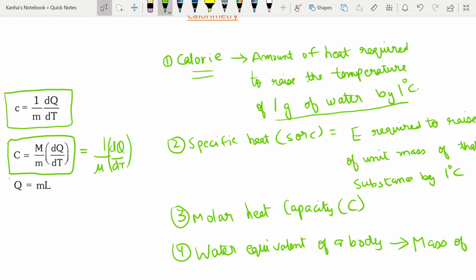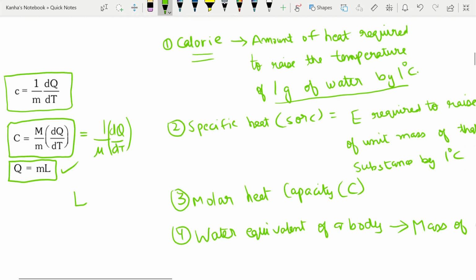That heat released or absorbed during the change of state is known as latent heat, denoted as L. If heat is absorbed, a solid converts into a liquid at the melting point, or a liquid converts into a vapor. If heat is released, a liquid converts into a solid or a vapor converts into a liquid.